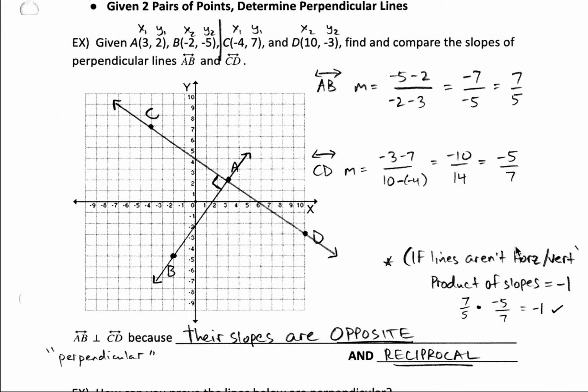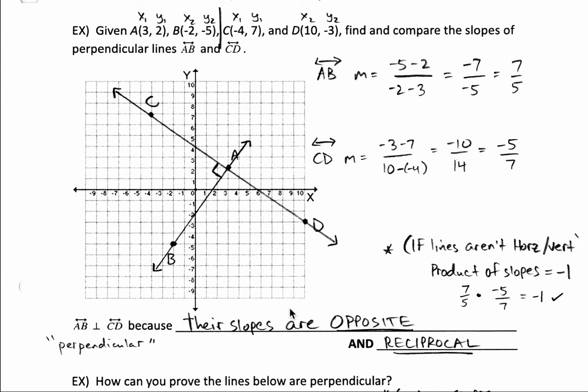We can't multiply by an undefined value, and we can't multiply by 0 to get -1. So those special cases will not work with this property. However, in all other cases, the product of perpendicular slopes will equal -1. Not necessary, of course, if you can just compare the slopes and tell that they're opposite reciprocals of one another.